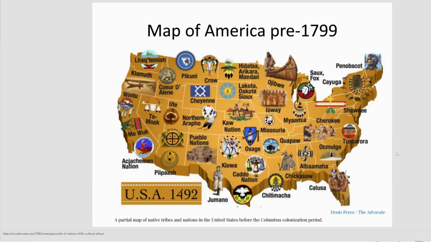If we remember, America was nothing but Native Americans. This map is identified as early as 1492, showing the nations, all of the different Native American tribes. Alabama, which was so cool because now I'm finally paying attention, the Native Americans called it Alabama.